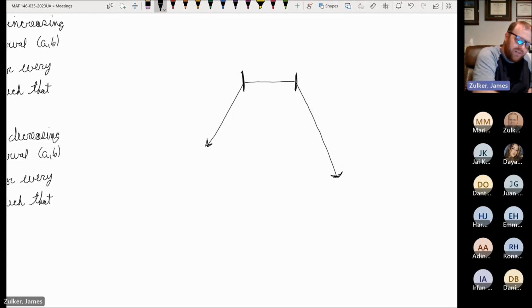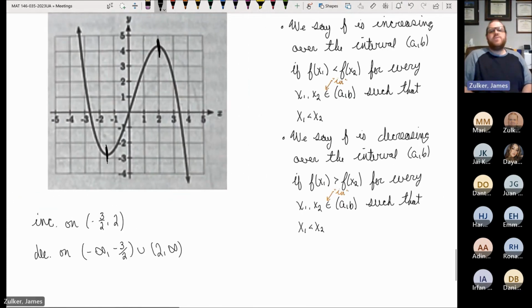So this piece here is constant. It's neither increasing nor decreasing. So keep that in mind. A function doesn't have to always increase or decrease over an interval. It could also be constant.